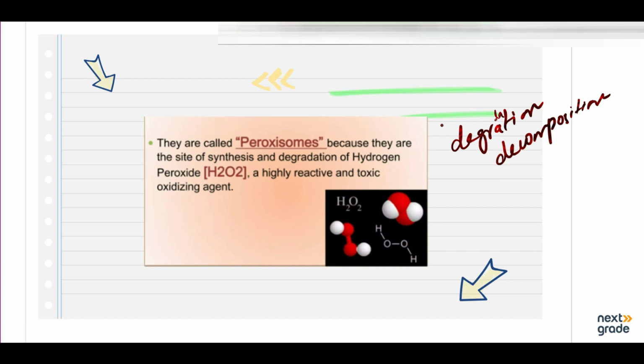These are single membrane bounded organelles enclosed in the cytoplasm. They are characterized by containing hydrogen peroxide H2O2 producing oxidases and catalases.